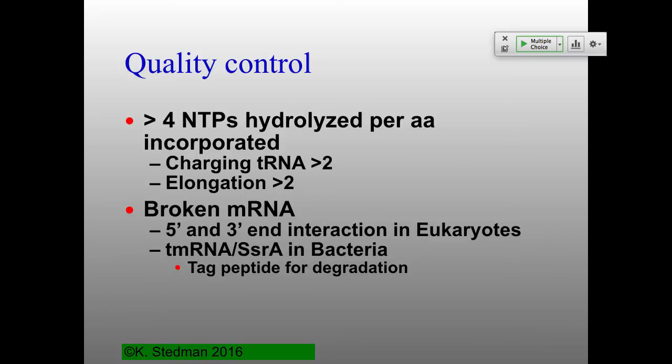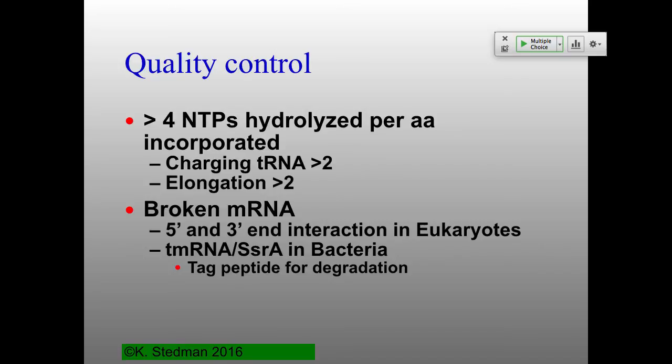How do you charge your tRNAs with the amino acids? There you also need nucleotide hydrolysis. So it's an incredibly energy-dependent process. Translation is probably the most energy-dependent process, at least of the molecular biology processes that we're going to talk about inside the cell.